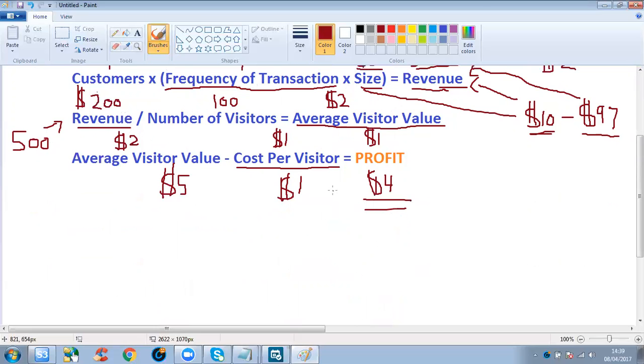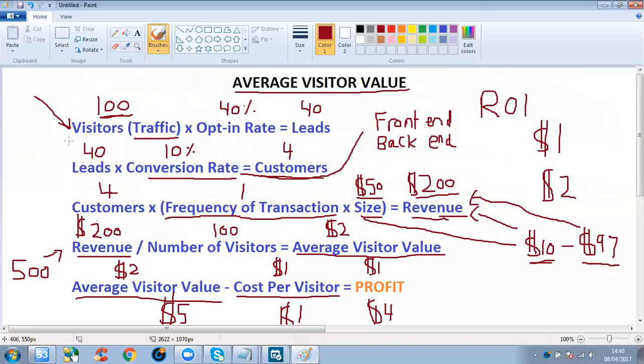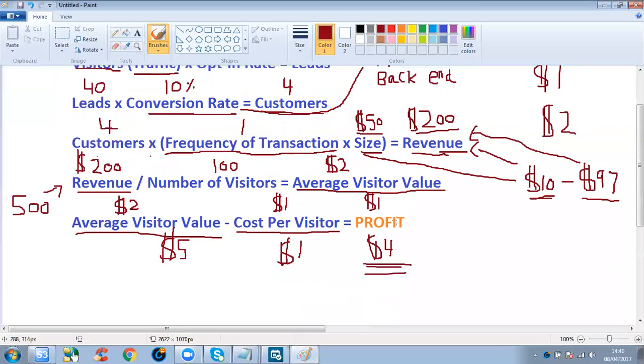And as long as your visitor value is more than your cost per visitor, so that each visitor you get, you're earning more than it costs you to get that visitor, then that's how you're going to be building a sustainable long-term online business, and that's how you're going to be able to scale up, because then you can take some of that profit, drive more visitors, which is what we teach with the Endless Wealth Plan, and that's going to lead to more profit into your pocket.